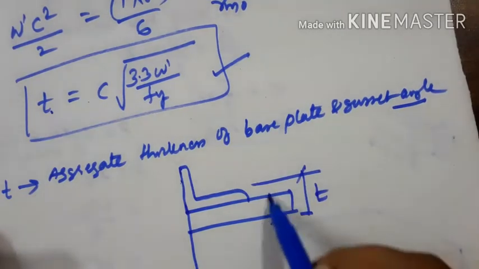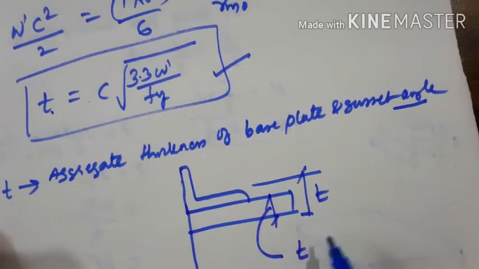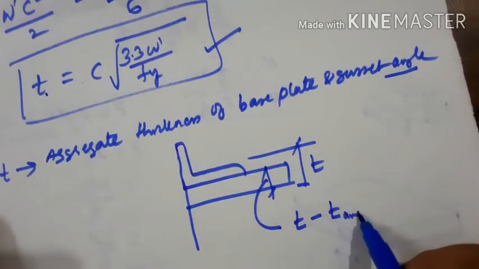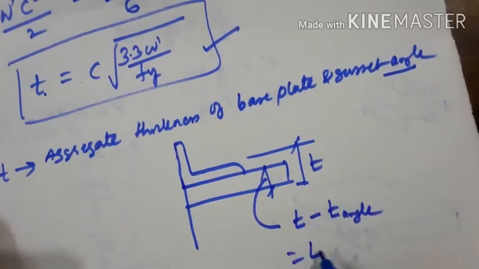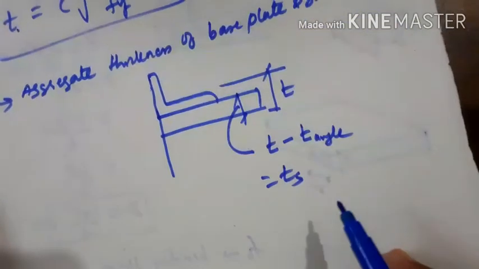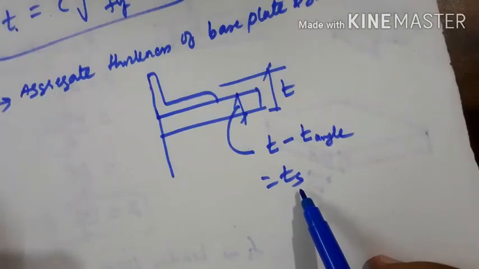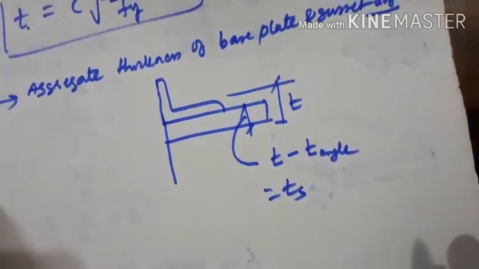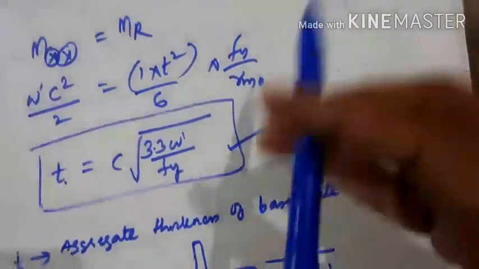Then finally you have to calculate this thickness, that will be t minus thickness of angle. You will get the thickness of the slab base. I hope you understood this one. So please go through this once again.